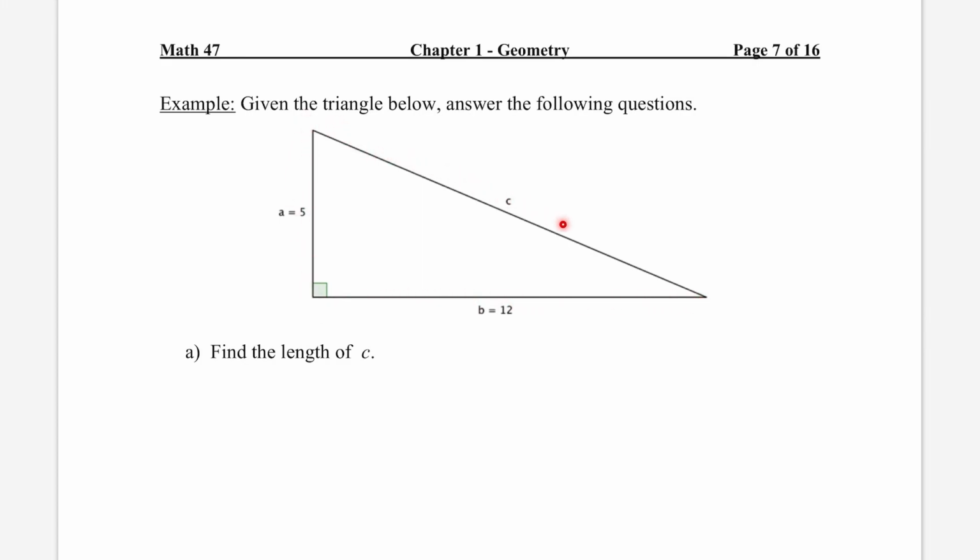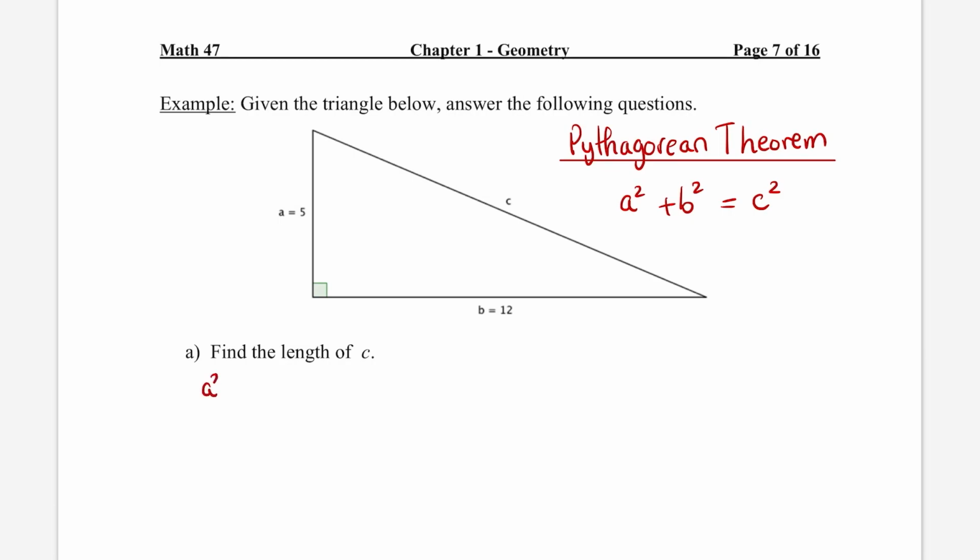I need to look for the other side, so I'm going to use the Pythagorean theorem. A squared plus B squared equals C squared. I'll replace A with 5 and B with 12 and look for C. I'll have 5 squared plus 12 squared equals C squared.